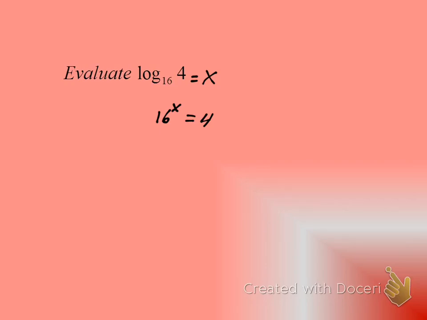Now, what does that look like? It looks like what you just did, right? So 16 you can rewrite as 4 squared, so (4 squared) to the x equals 4. What's the exponent on this 4? 1. So 2x equals 1, so x equals 1/2.